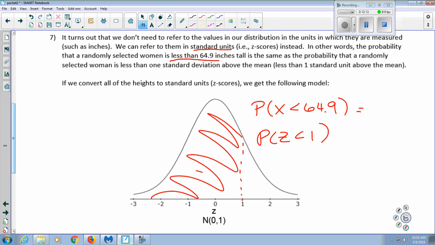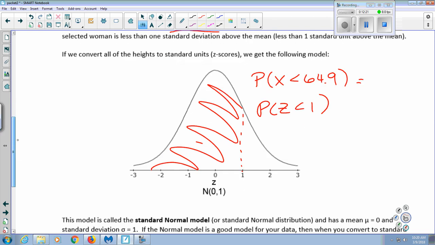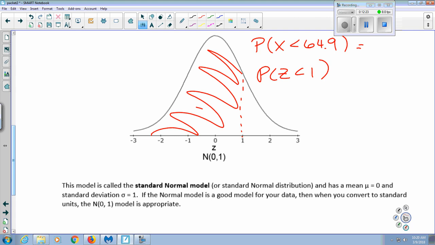So those two things are the same thing. This model shown here is our standard normal model. The mean is 0, and the standard deviation is 1. So we write the standard normal model as N(0, 1).